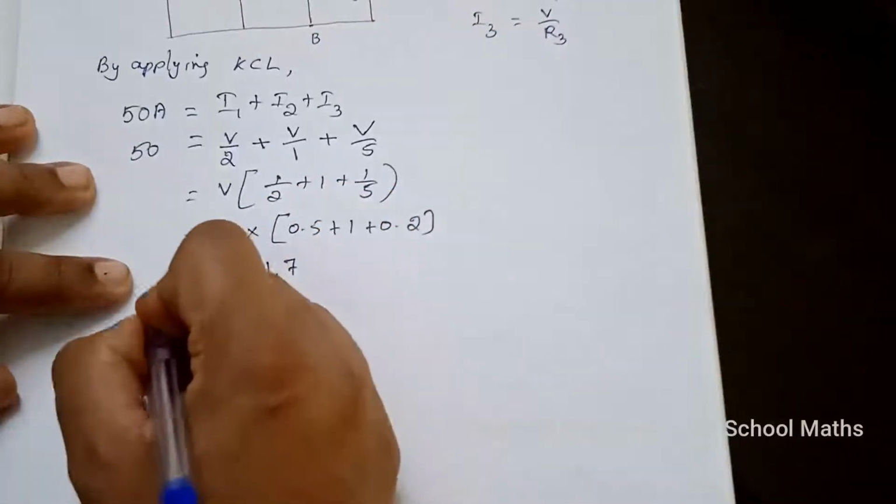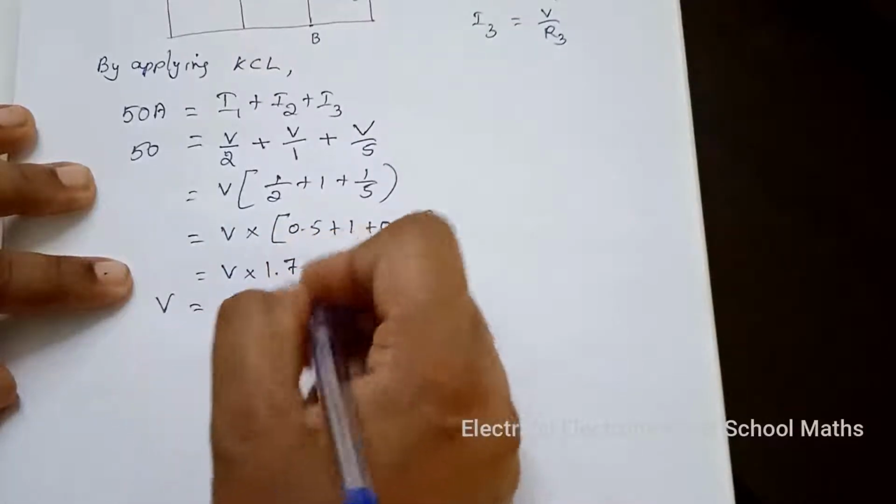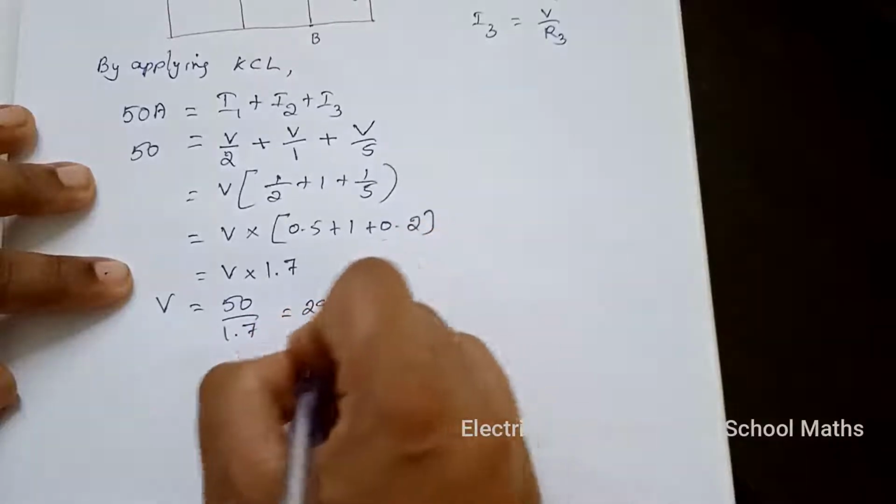From this we get V equal to 50 by 1.7 equal to 29.41 volt.